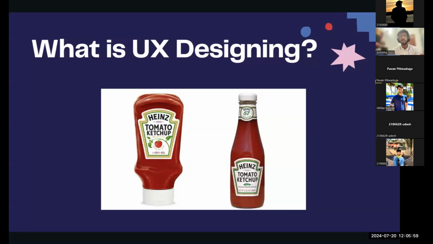But when the user uses the product, it will not be user friendly compared to this one. So then Heinz designed this plastic bottle, which is easier to pour and easier to use because it's not fragile and the sauce comes out easily. That's a very good example of what user experience designing is.